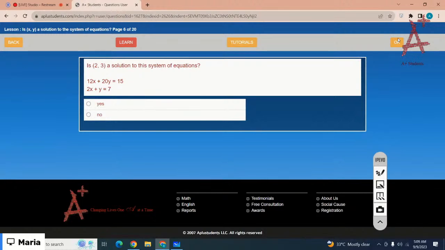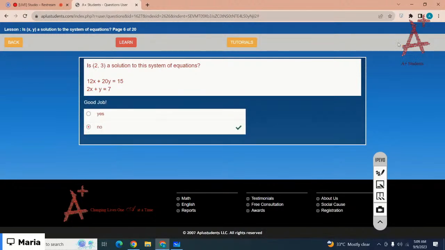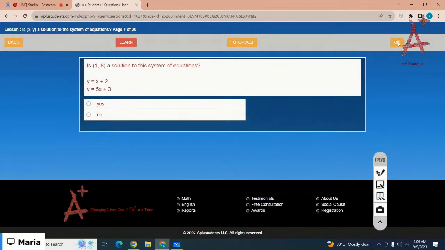The correct option is no. (2, 3) is not the solution of the system of equations. Okay, the next one: is (1, 8) a solution of the system of equations?